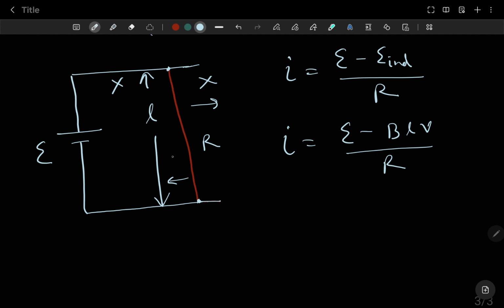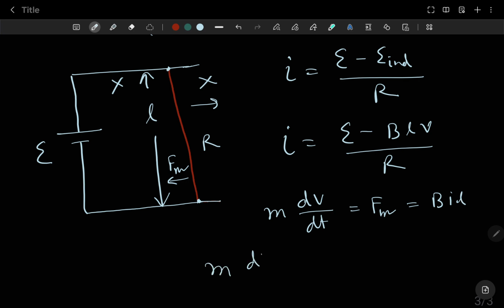Now the Fm, when a current will pass through the conducting rod, a magnetic force, Lorentz magnetic force will act on it. So Fm will become m dv dt, right? Okay, so Fm is BIL, clear.